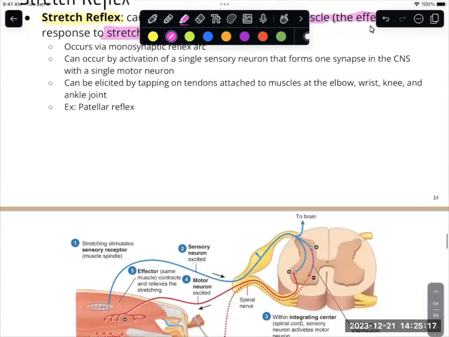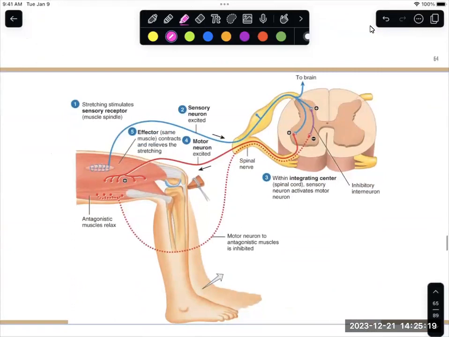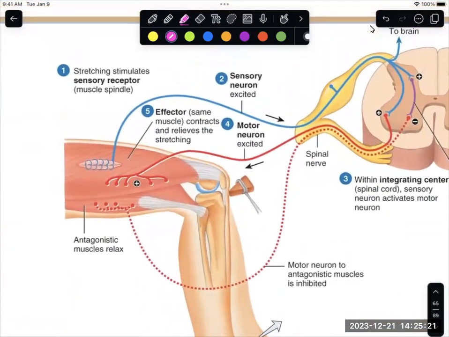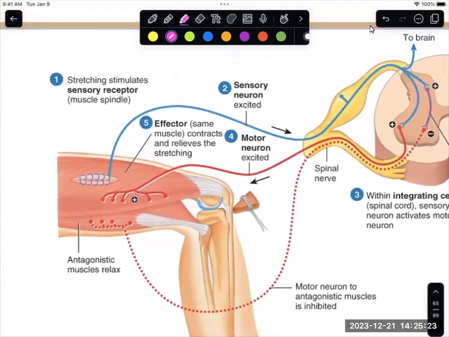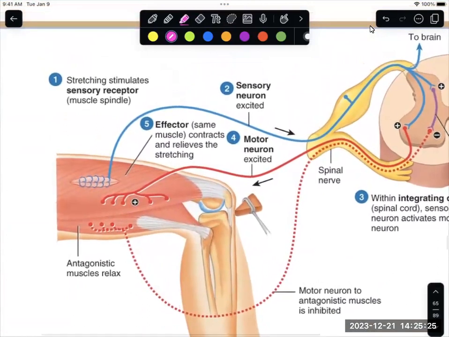So we have what are known as muscle spindles that are our sensory receptors in our skeletal muscles here.